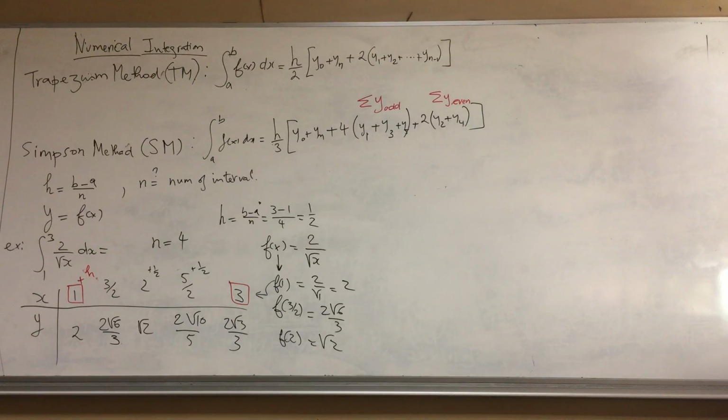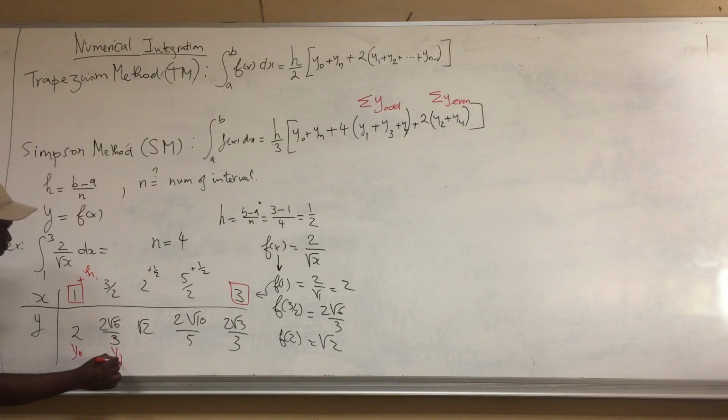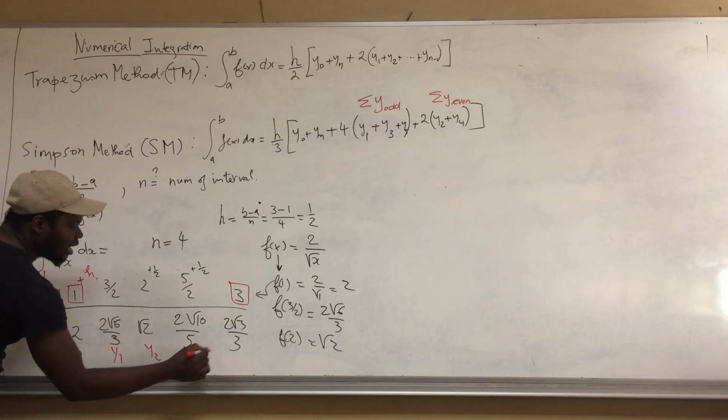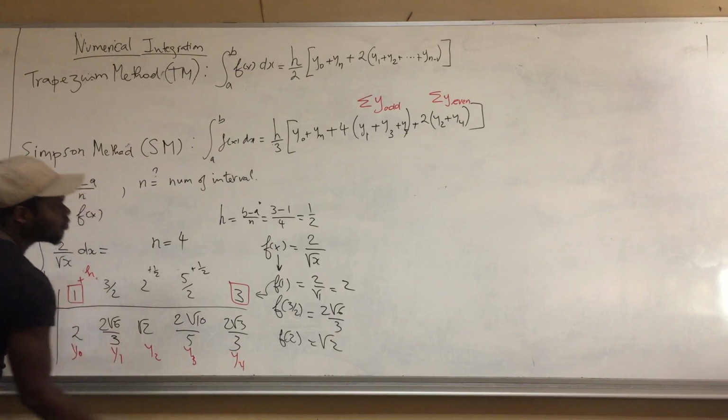Those are our y. Notice that this value is your y0, this is y1, this is y2, this is y3, and this one is y4.